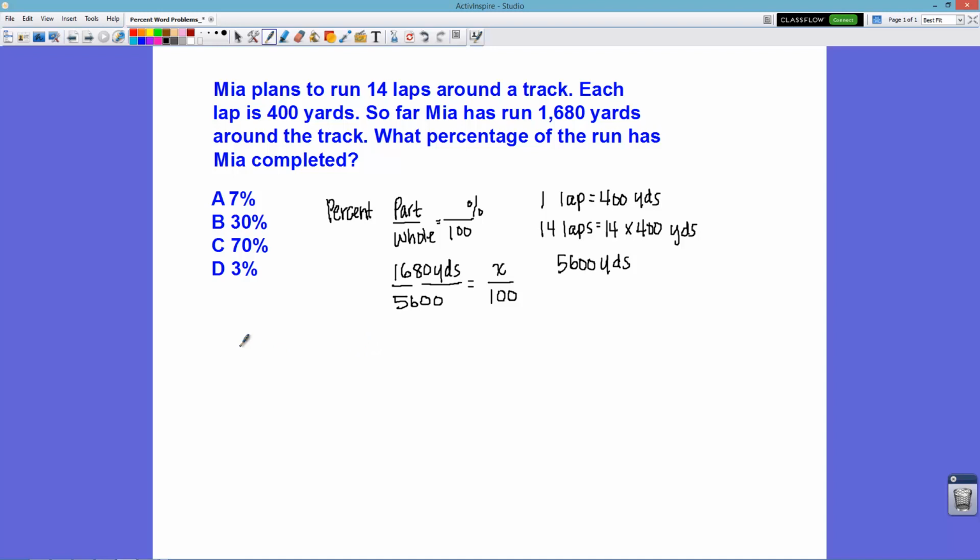The first way is just to write my proportion, and that's 1,680 over 5,600, and I can see what my scale factor is. 5,600 divided by 56 would give me 100.